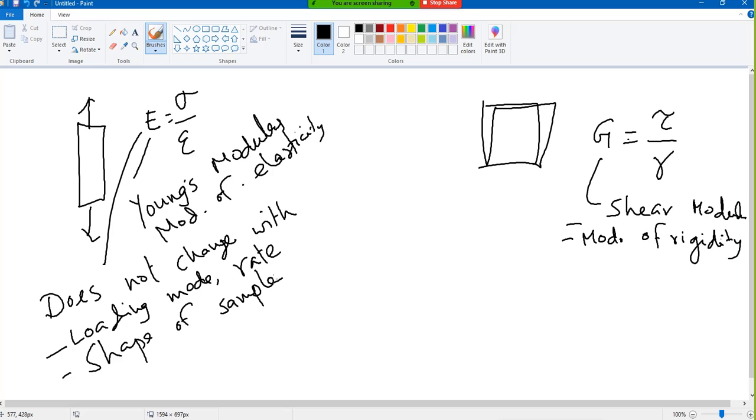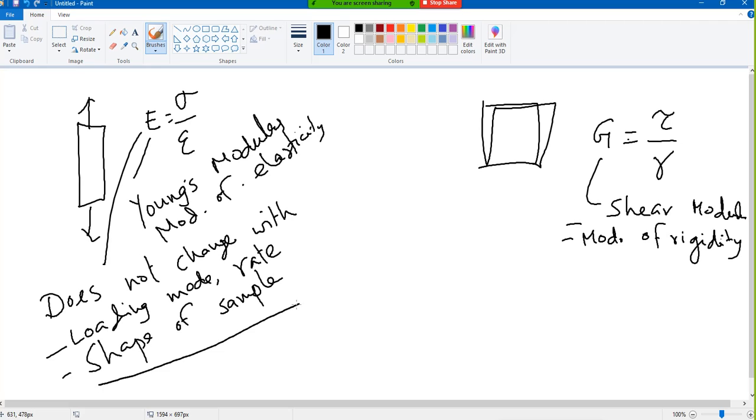It doesn't matter how fast we are applying load, how slow, or if my sample is a rod versus a plate versus a section, whatever it is, the modulus is the same. It's a material property, it will not change.